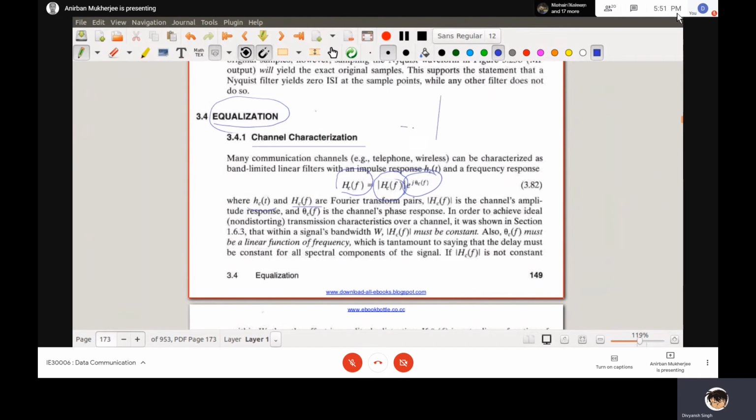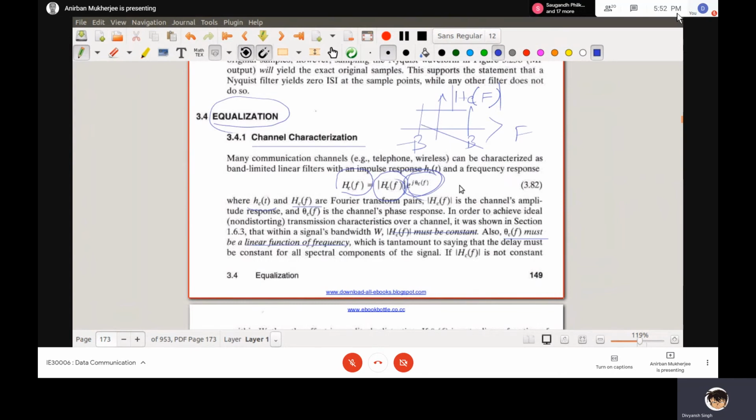That means for a non-distorting channel, this is B and this is minus B, this is A, this is my |H_c(f)|. And the phase characteristic is linear. This must be constant, and this theta_c(f), the phase response, the angle of e to the power j theta_c(f), is a linear function of frequency.